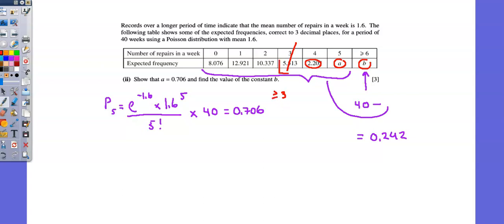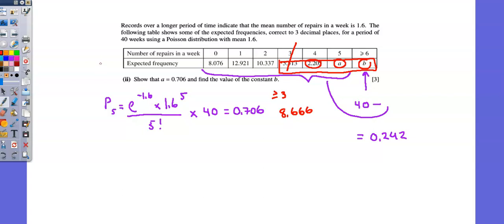And when I sum the expected frequencies, I get the value of 8.666. So notice now we have 4 categories, 0, 1, 2, and greater than or equal to 3.